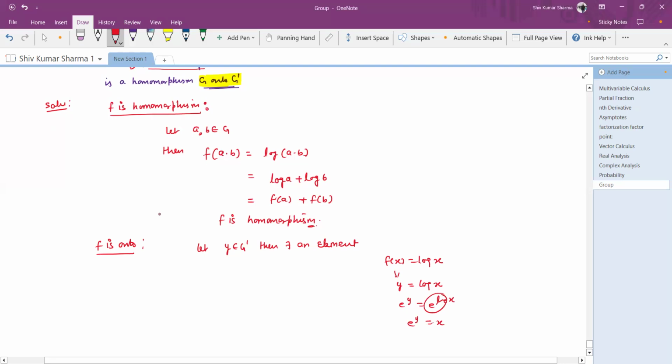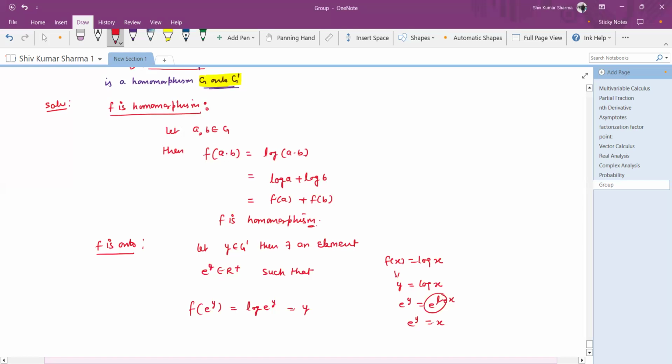The element x belongs to G. So y belongs to G dash, and then there exists an element e raised to the power y which belongs to the positive real numbers, such that f of e raised to the power y is equal to log of e raised to the power y, which is y times log e, and log e equals 1, so this gives us y.